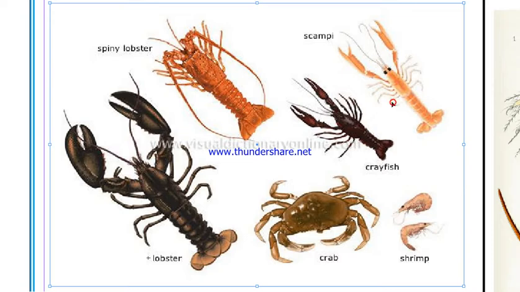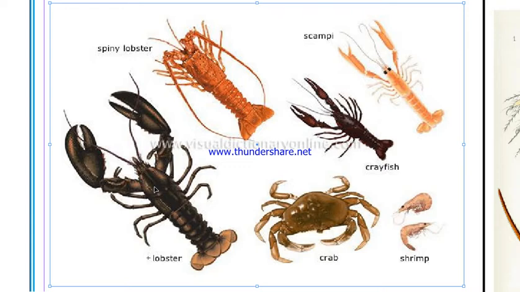It also has 5 pairs, 1, 2, 3, 4, 5, and the first pair is modified into clutch. So these creatures have 5 pairs of jointed appendages.